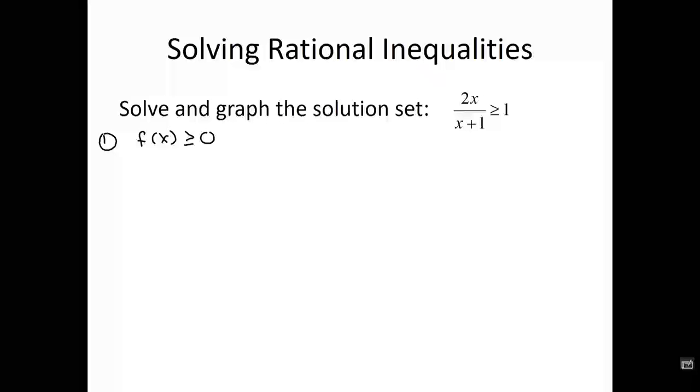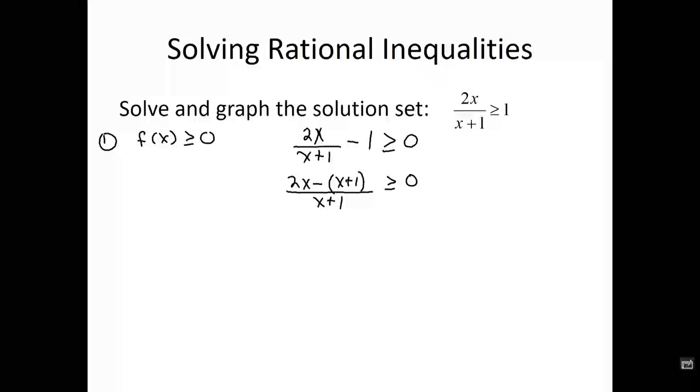So let's do that. We have 2x divided by x plus 1 minus 1 is greater than or equal to 0. Let's simplify this, and we get 2x minus 1 times x plus 1, all divided by x plus 1, is greater than or equal to 0.